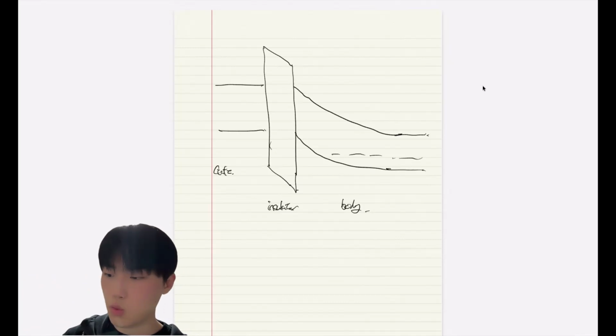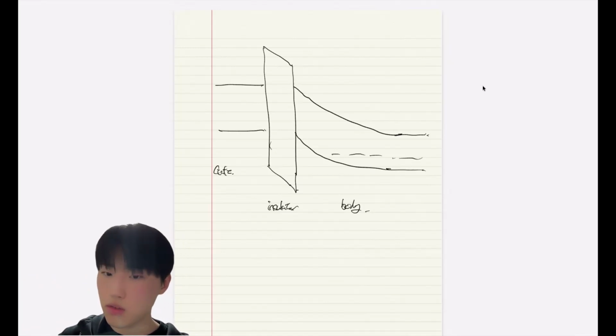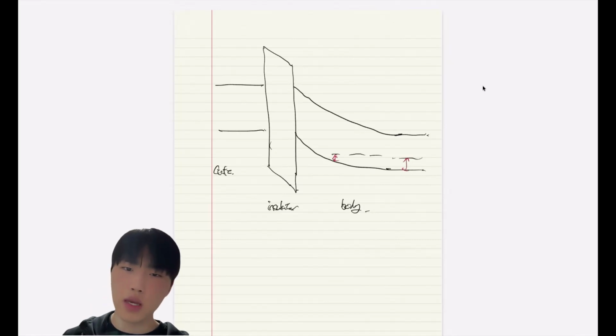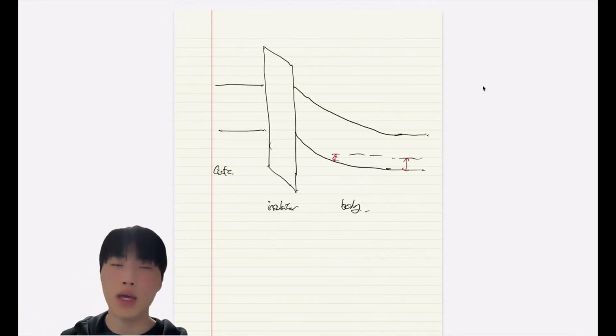But when we have a minus bias on the gate side and a plus bias on the body side, the difference between the Fermi level and the valence band is getting closer. What does it mean that the difference between the Fermi level and the valence band is getting closer? That means there is some accumulation.